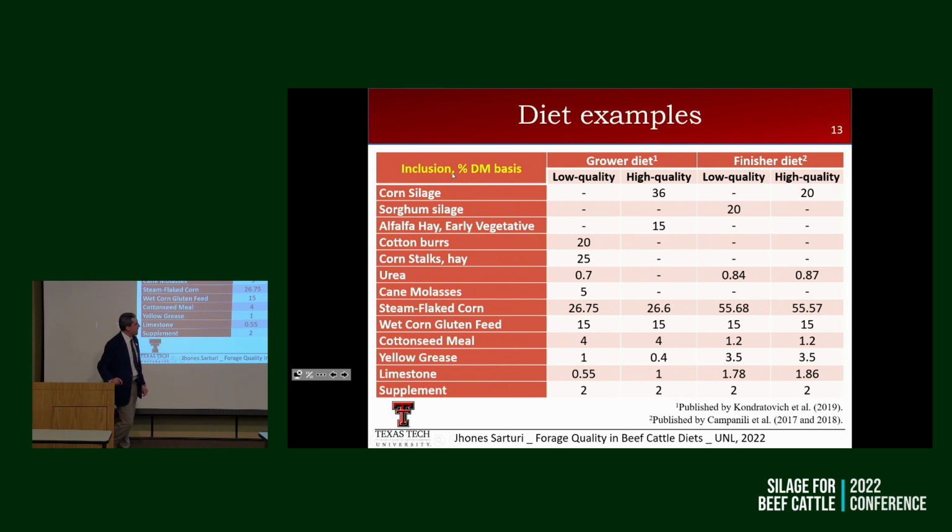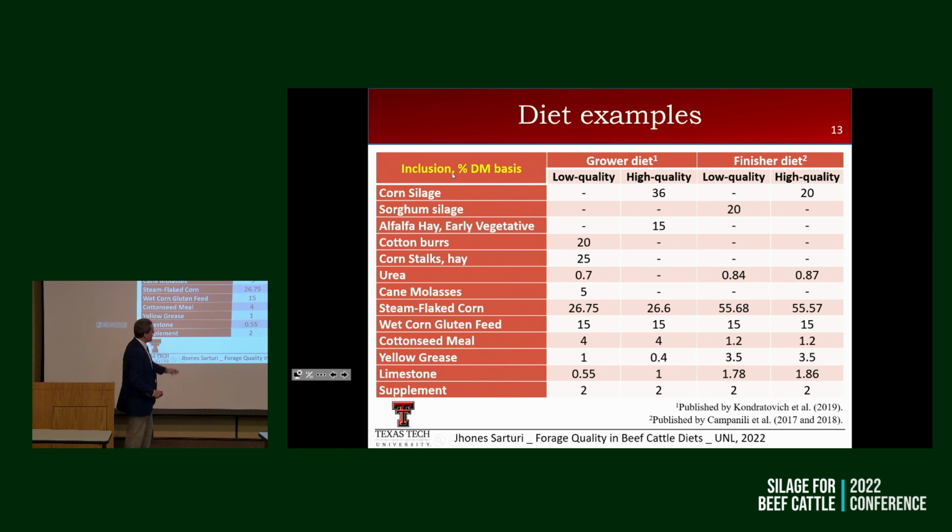So what I did here, we have a couple of publications where we had a chance to compare grower diets with high and low quality, and I'll tell you how I define high and low quality, and also finisher diets with high and low quality.